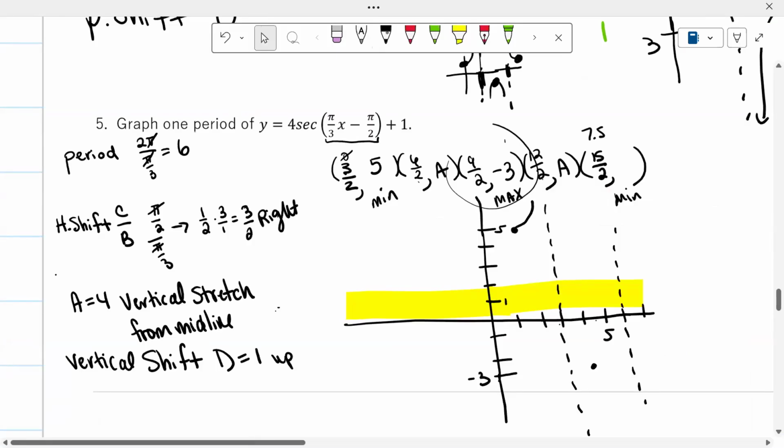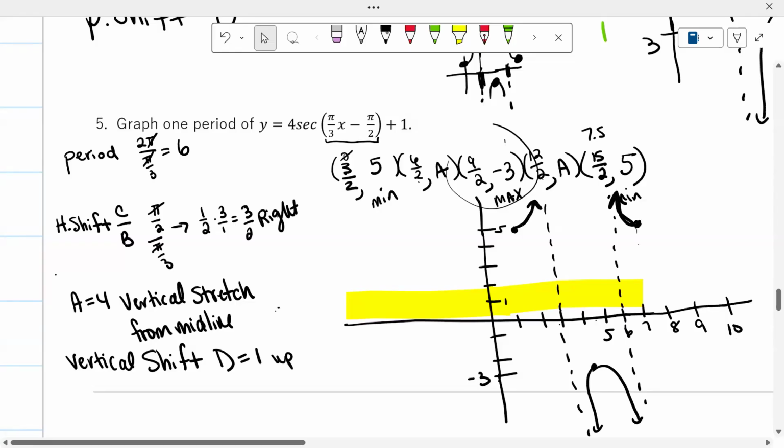So we have this part, and then at 5, this is 6, 7, 8, 9, 10, so on and so forth. This is 7.5, and we're 4 up from the midline. So that would be there. And this is 1 period worth, okay?